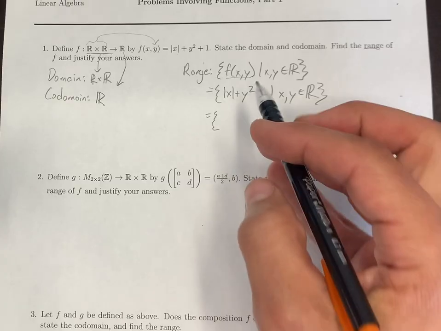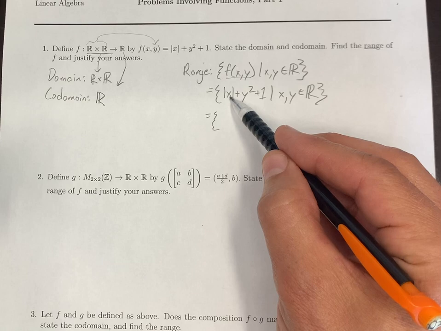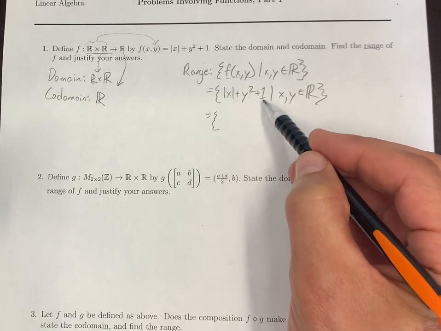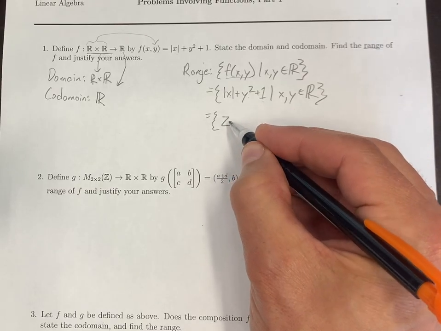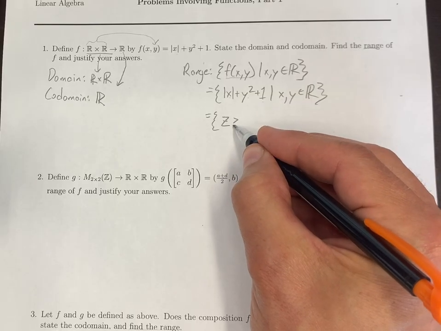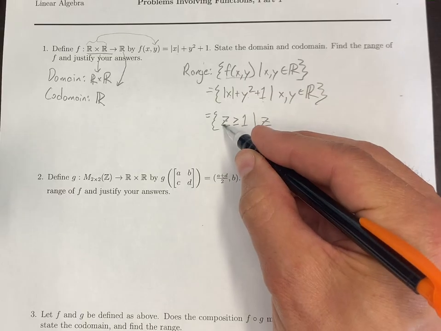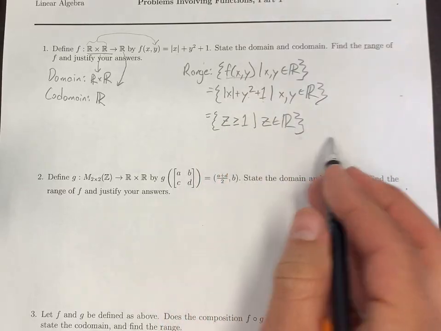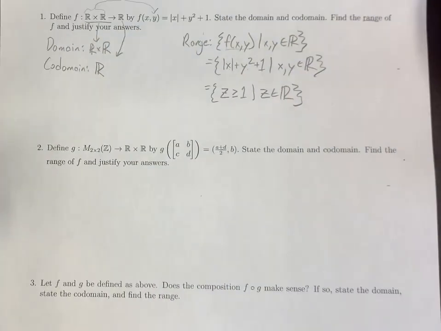And if you're adding 1, so this can get you any real number greater than or equal to 0, and add 1 to it. So combining these, you can really get any real number z that is greater than or equal to 1. And one way to notate that is z greater than or equal to 1 for any real number. So that's one way to describe the range. There are other correct notations, but we'll stick with that.